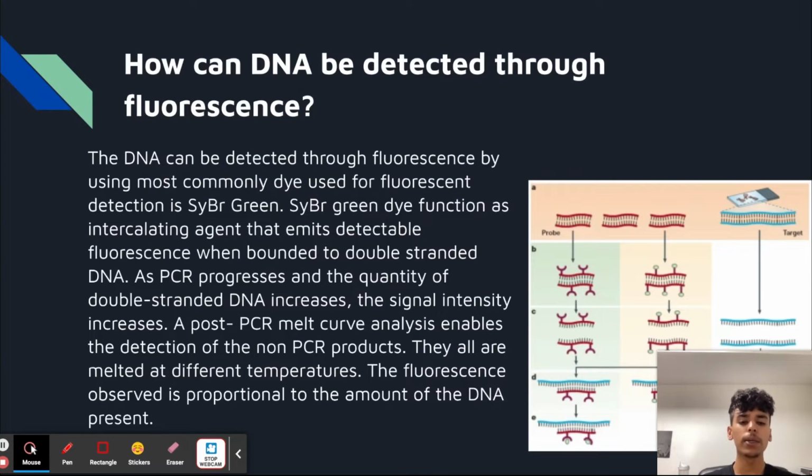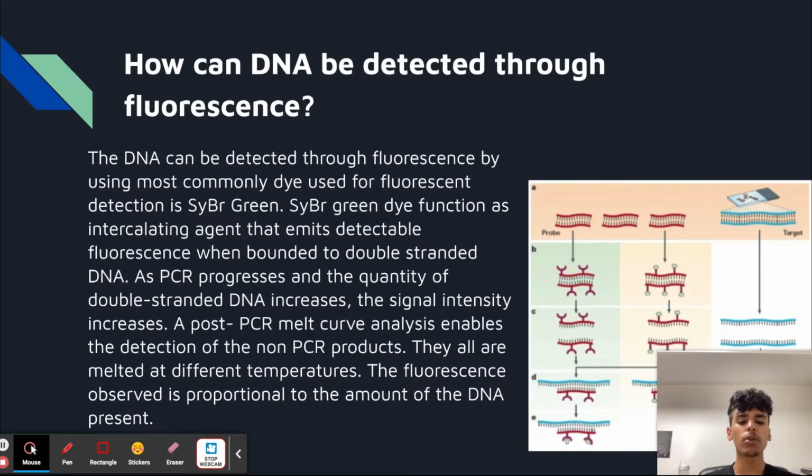How can DNA be detected through fluorescence? The most commonly used dye for fluorescent detection is SYBR green. SYBR green dye functions as an intercalating agent that emits detectable fluorescence when bound to double-stranded DNA.